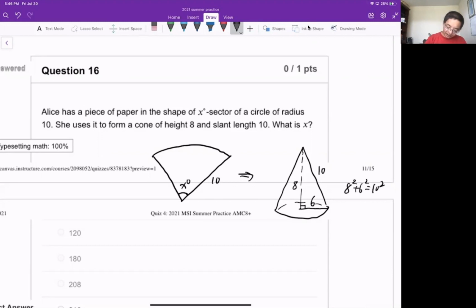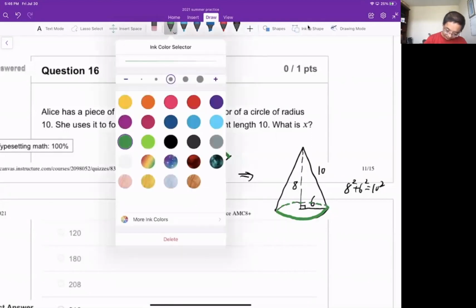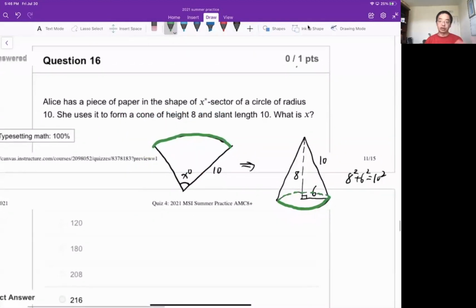Now the point is, when we fold the sector into a cone, the arc of the sector becomes the base circle of the cone. Accordingly, they should have the same length, right?